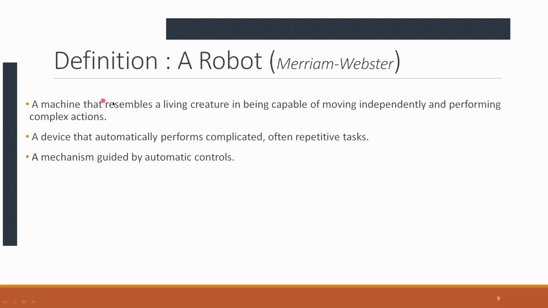By the word resembles, it means that it should look like and also behave like a living creature. But from the phrase a living creature, we can say that it doesn't necessarily mean a human, but any kind of living animal. So if a machine looks like a living creature and behaves like a living creature, then you can call that a robot.